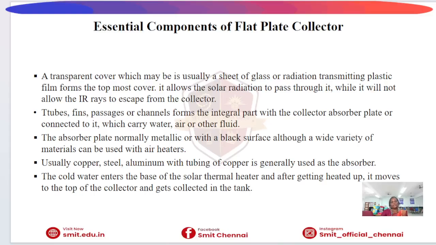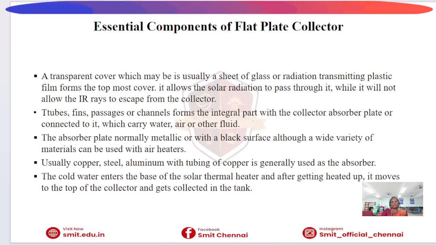The flat plate collector consists of several important components. First, there is a transparent cover, usually made of glass or plastic. This cover allows sunlight to enter but prevents heat from escaping. Next is the absorber plate, which is typically made of copper, aluminum or steel.